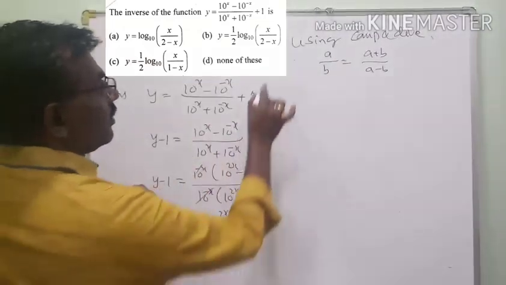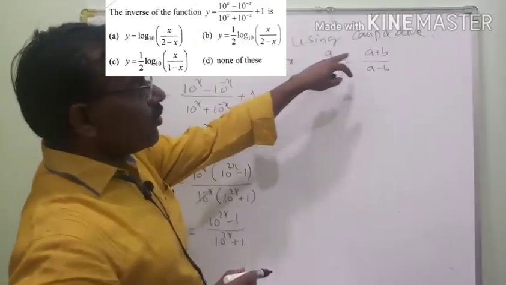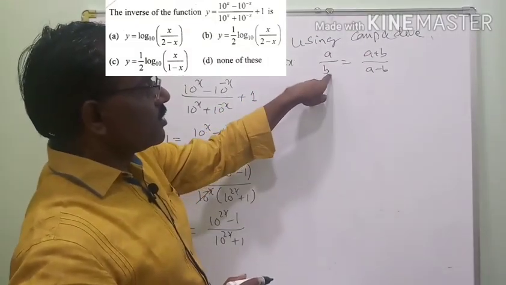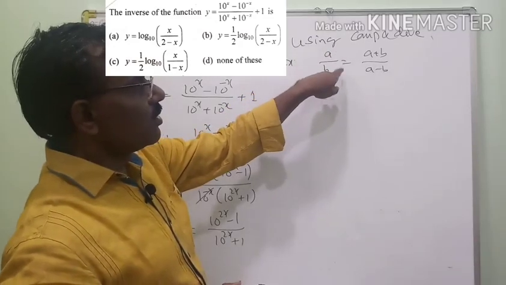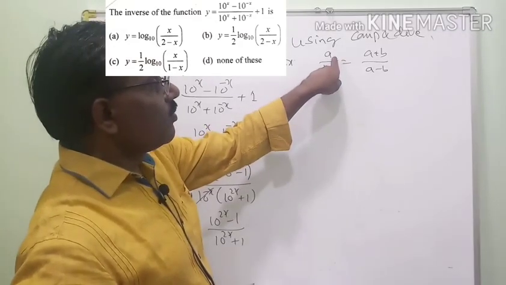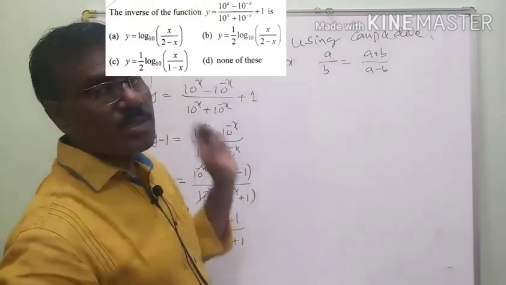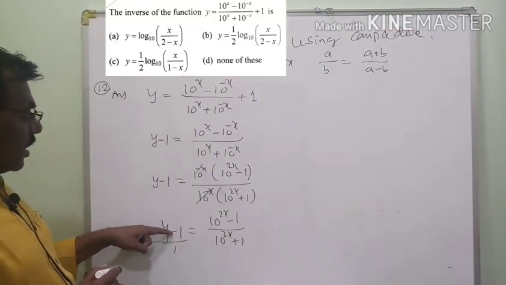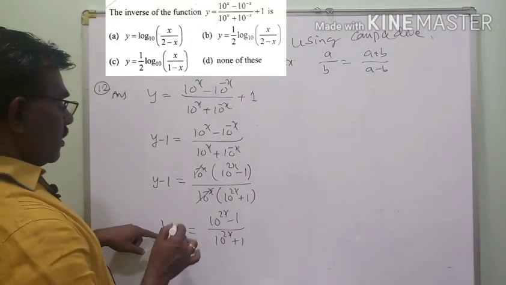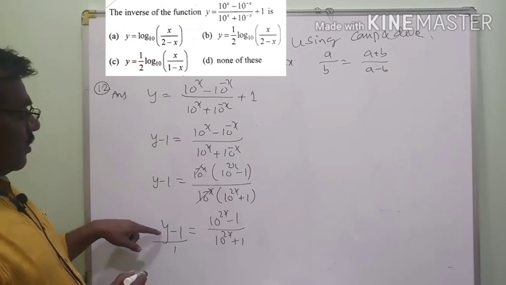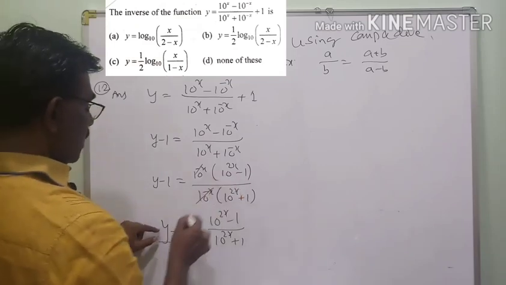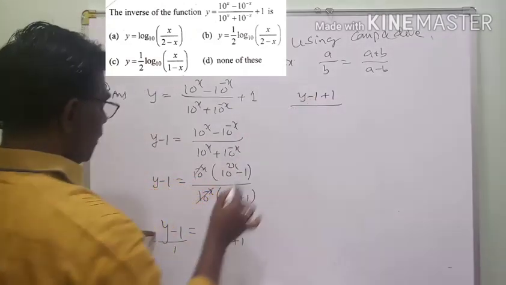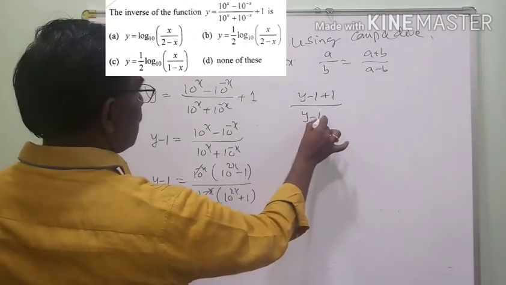Using componendo dividendo, you add the numerator and denominator, and subtract, giving a plus b over a minus b. Now assume this is a, this is b. What is componendo dividendo? a plus b: y minus 1 plus 1, a minus b: y minus 1 minus 1.